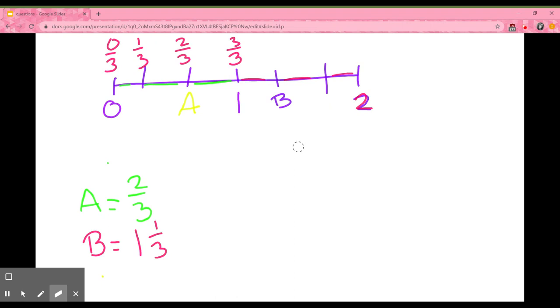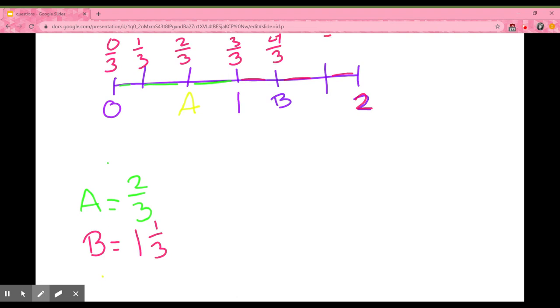Now another way you can think about it is you can take what you have up here, your 3/3, and just keep adding onto it. So we can go one more jump as long as it's all on the same number line like this one. We can go one more jump and say that our next one would actually be 4/3 like that.